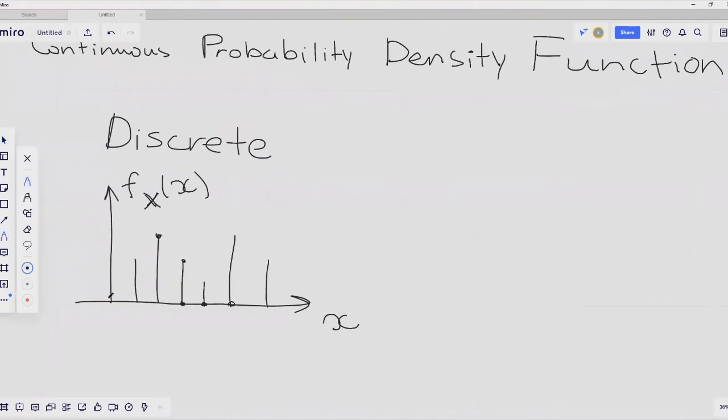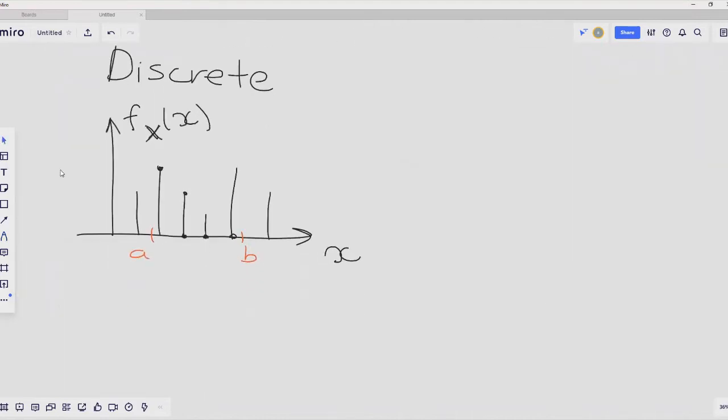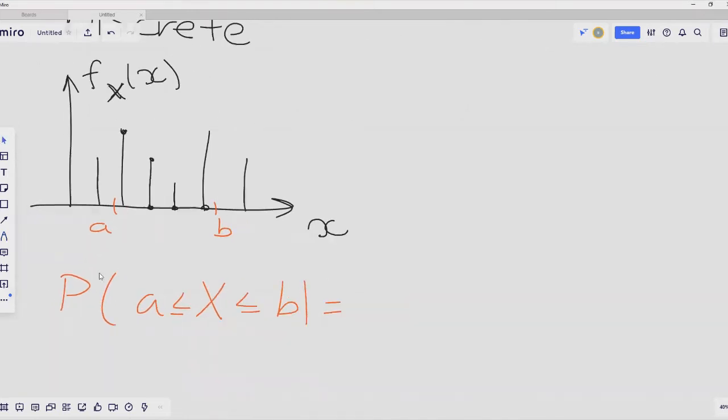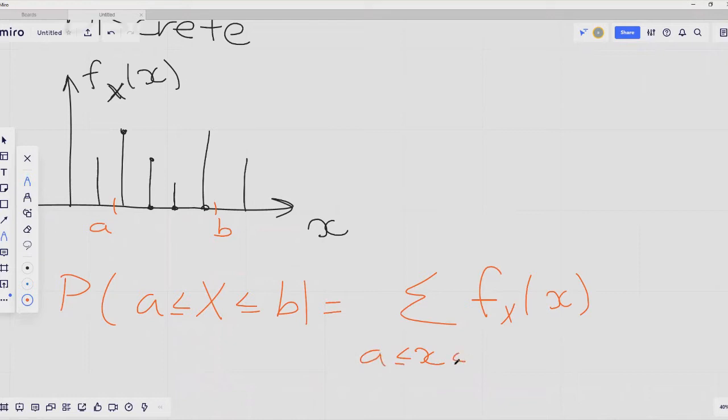So if we are looking for probability of random variable x lying in some interval from a to b, then we have to sum over all values of our PMF where small x lies in interval from a to b.